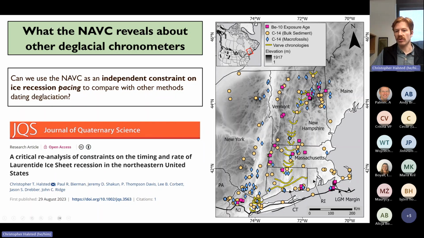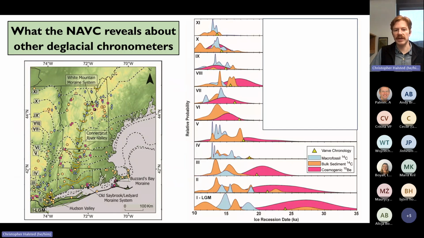We've got in the circles radiocarbon ages on bulk sediment. And in green or pink squares, we've got cosmogenic exposure ages. As part of this project, we also calculated all of these middle New England exposure ages just to fill in the gaps that we had. And we basically said, let's find the timing of ice recession according to these different lines of evidence and compare them.